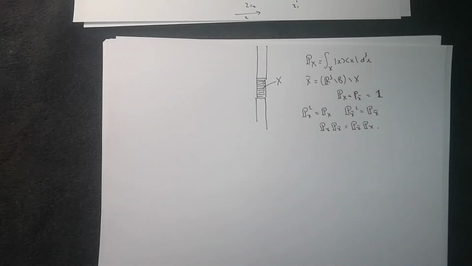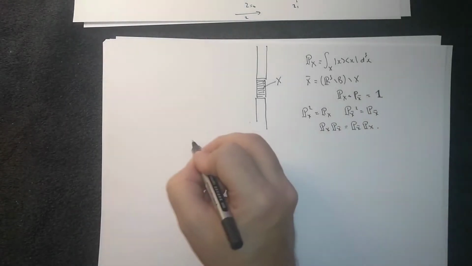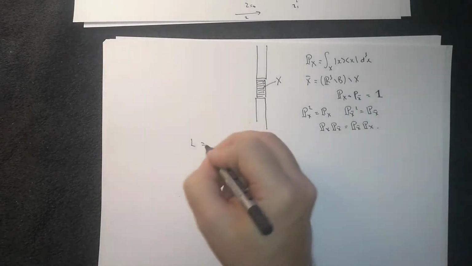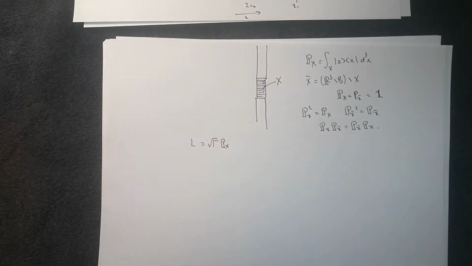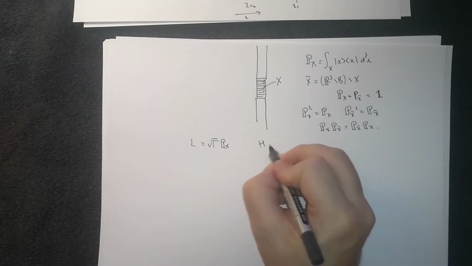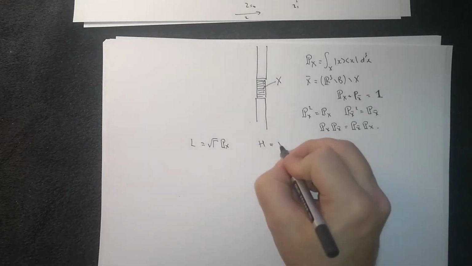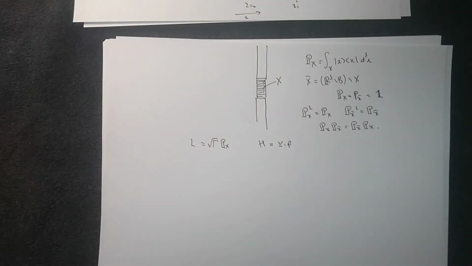Now let's take a Lindblad operator, which is root gamma times the projection onto X. And we'll consider a Hamiltonian H. For simplicity, I'll write it as v dot p. It won't be the one we'll be interested in.